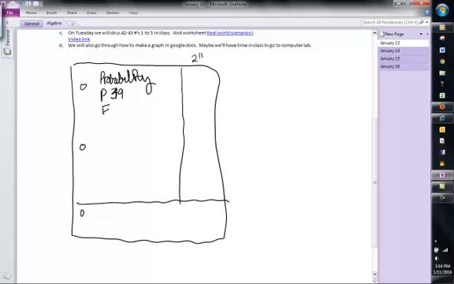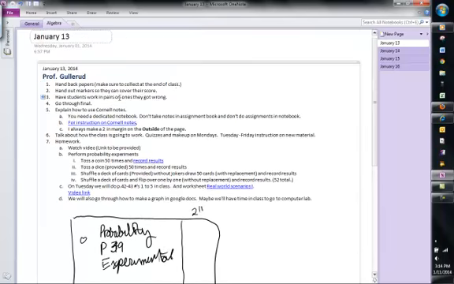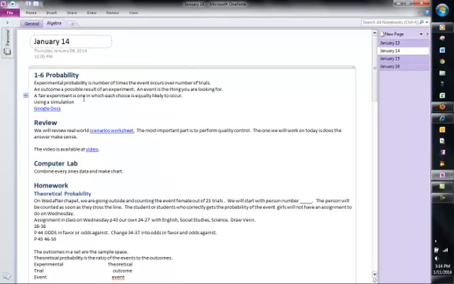I'm sorry, experimental probability. And in experimental probability, we're going to talk about an experimental probability is the number of times an event can occur over the number of trials. And so we would write it this way on our notes.